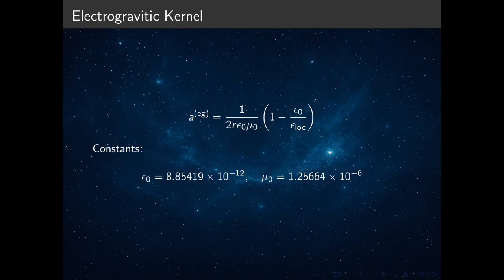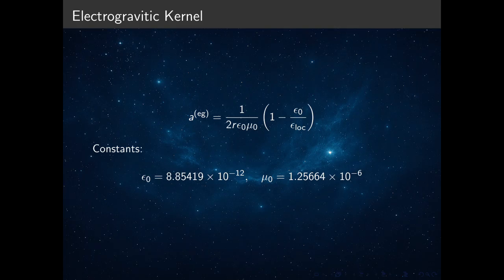Electrogravitic model evaluation. Using the macroscopic electrogravitic formulation, A subscript EG equals 1 over 2r epsilon naught mu naught times 1 minus epsilon naught over epsilon local, with the defined constants.